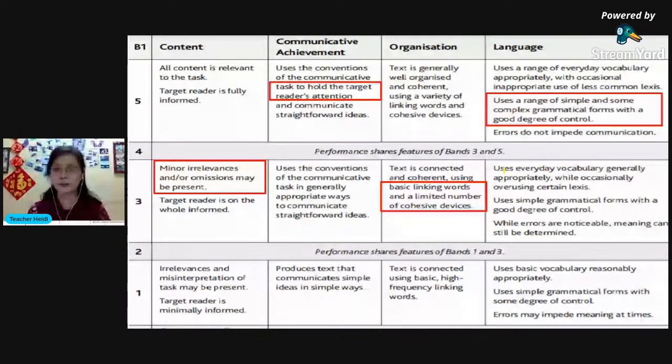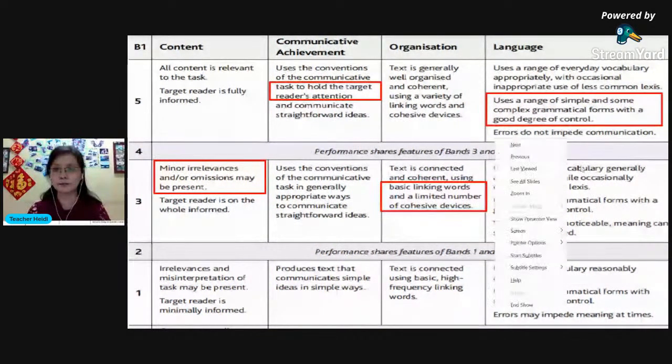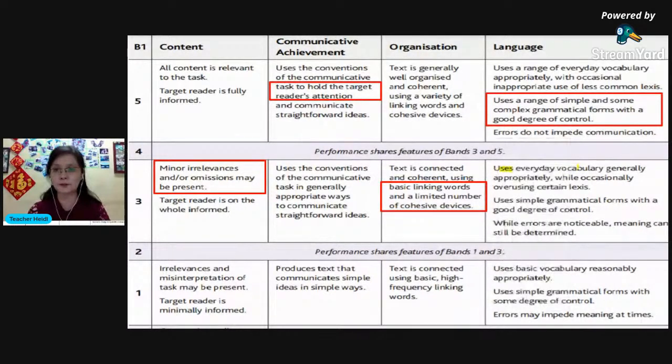Okay, so it uses everyday vocabulary generally appropriately. But you can see from the written essay just now, maybe it is more than that.